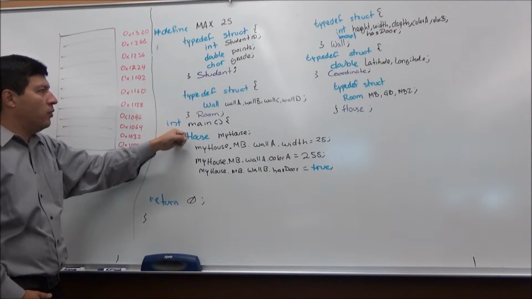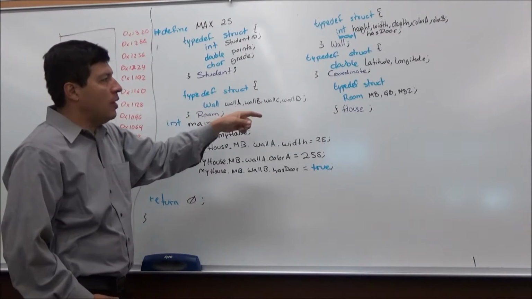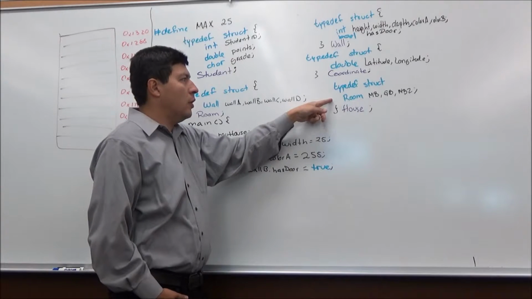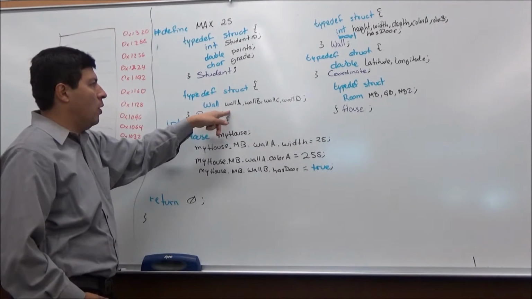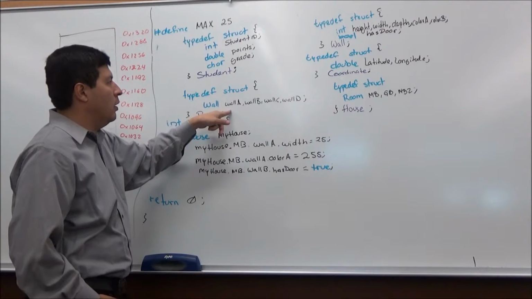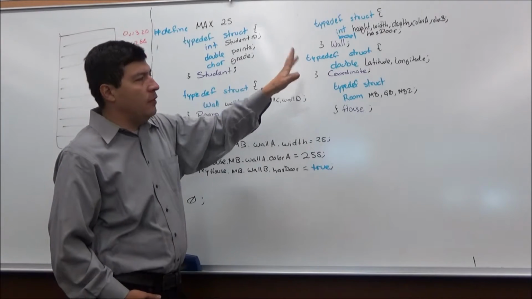So it says my house. Well, how much memory do I need for the house? Well, the house has 3 rooms. Okay, how much memory do I need for each room? Oh, got 4 walls each room. Okay, and each wall has 5 ints and a boolean.